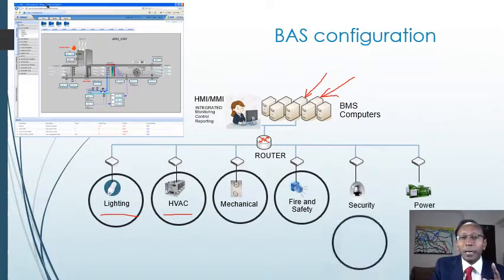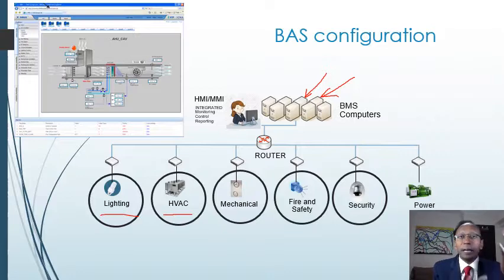Okay, the next one is the security system, where we implement all the cameras and the access control system, etc. And finally we have the electrical power distribution system, which is also computer controlled in modern times.